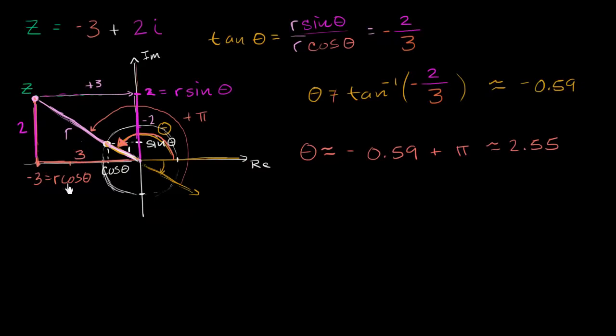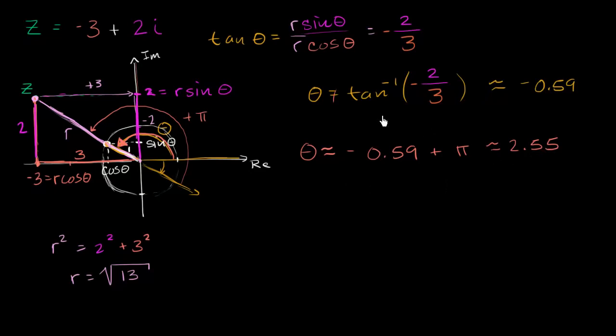So we know from the Pythagorean theorem that r squared is equal to 2 squared plus 3 squared, or that r is equal to the square root of 4 plus 9, which is 13. And so there we have it. We have negative 3. So we know r is equal to square root of 13, and theta is 2.55 radians.